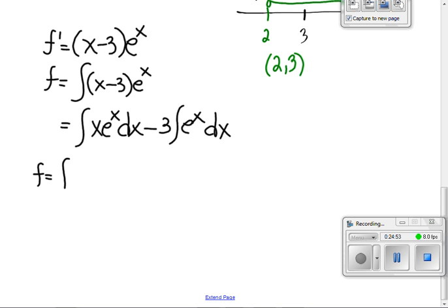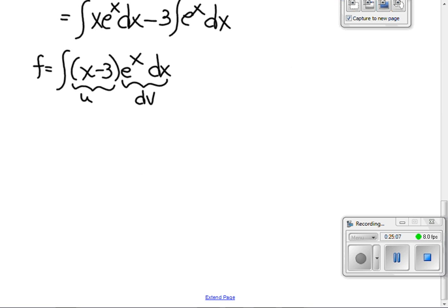So f is equal to the integral. It has to work either way. So this is going to be u, this is going to be dv. So dv is equal to e to the x dx.